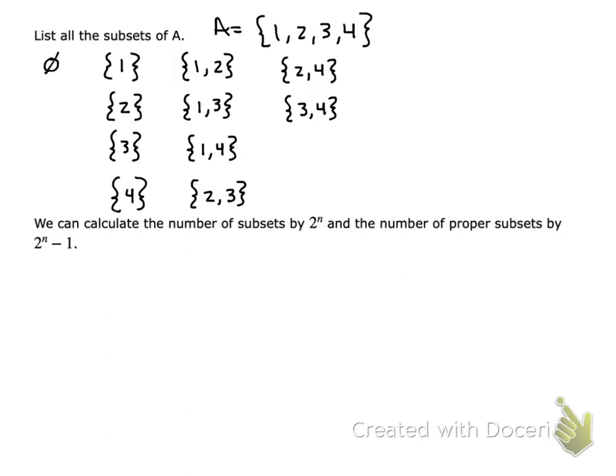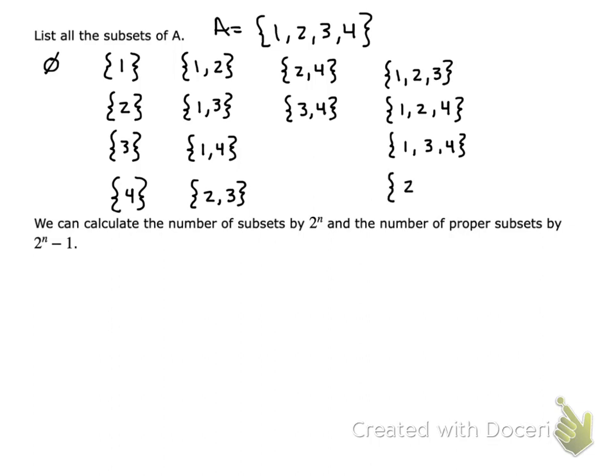Okay, I could also have subsets with 3 elements in them. So I could have 1, 2, and 3 in my subset. I could have 1, 2, and 4 in my subset. I could have 1, 3, and 4 in my subset.